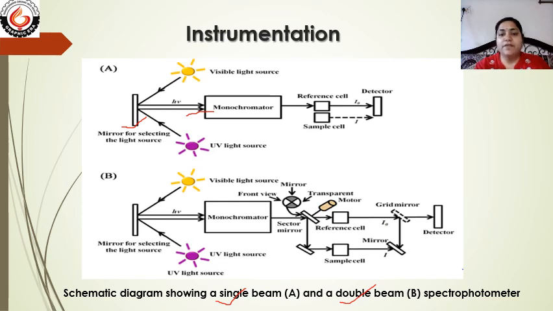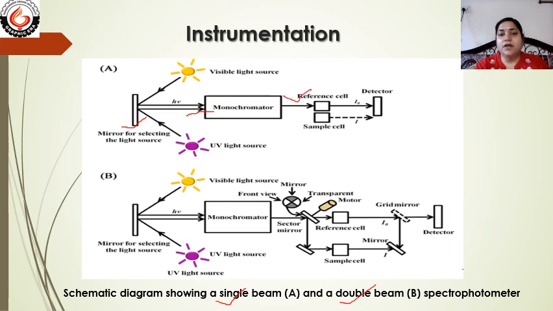The reference cell is used to put the reference material. So what is the difference between reference material and sample material? For example, I have a sample and I am preparing its solution in alcohol. Obviously the UV light is absorbed by alcohol too, but we want to detect only the behavior of the sample. So first we detect the absorbance for the reference.